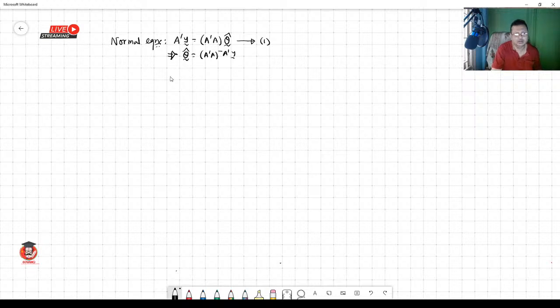Since we already know this normal equation is solvable, so this is the general solution theta curl tilde, and this is equal to theta curl hat plus (I minus H) z curl, where H equal to (A prime A) G inverse (A prime A), and this theta curl hat is a particular solution.